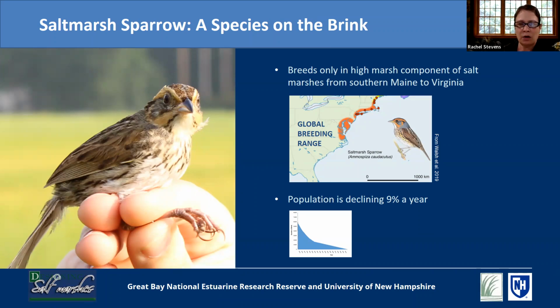That's because it's a salt marsh obligate. It only breeds in salt marshes, and just those from southern Maine to Virginia. Its population is declining around 9% a year, so there's a lot of effort and research going on to try to prevent it being listed as a federally endangered species.